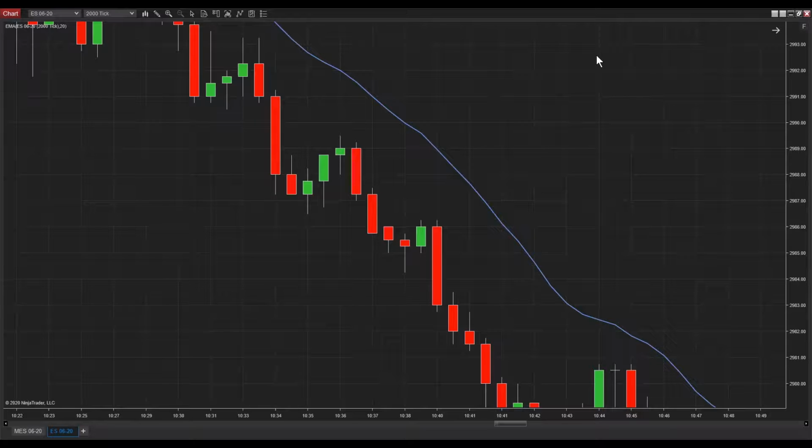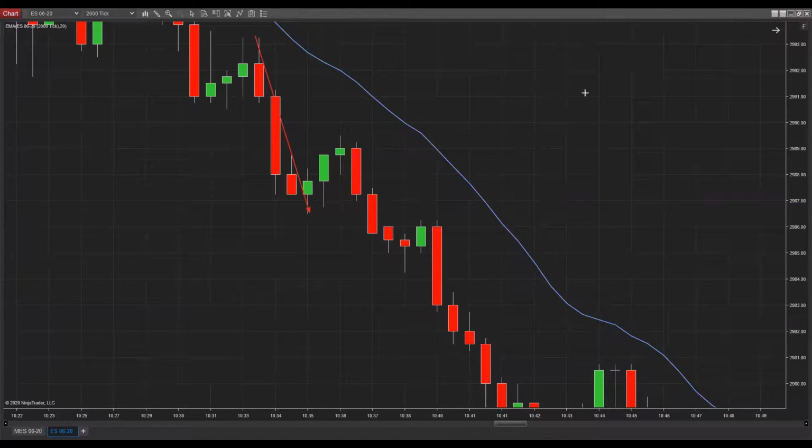We have here a two-legged pullback, the first leg of the pullback, first entry, second leg of the pullback, and then our second entry. Second entry going this way.